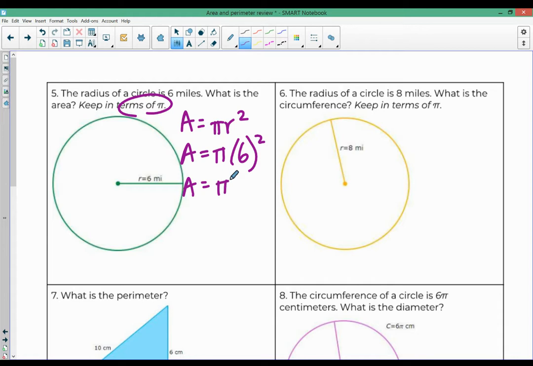So that's pi times 36, because all we're doing is squaring the 6 only. So that gives us 36 pi square miles.